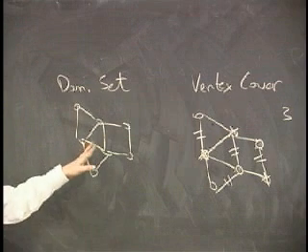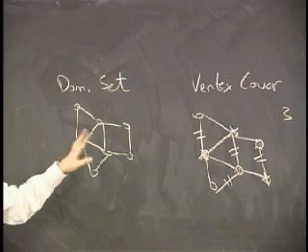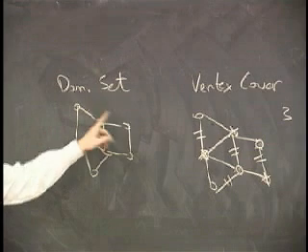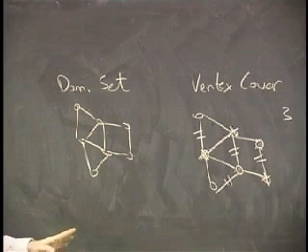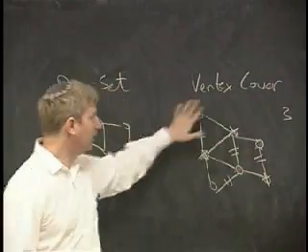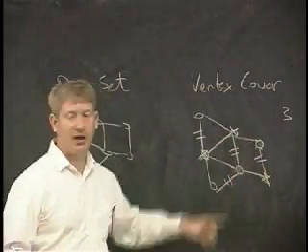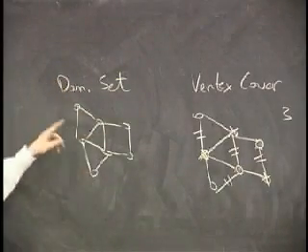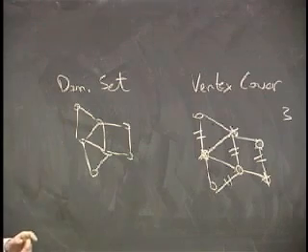In the dominating set problem, you're still covering up nodes. Okay? You're still putting ice cream shops on the corners. You're not picking edges like edge cover. You're still covering nodes, but instead of trying to have all the edges connected to your nodes that you've covered, you're just trying to get all the nodes connected to the nodes that you've covered.